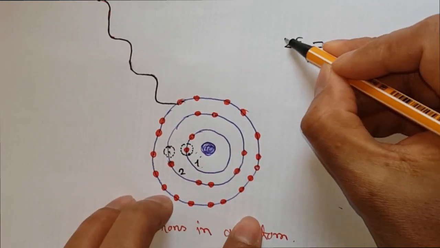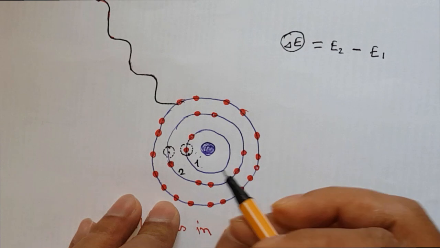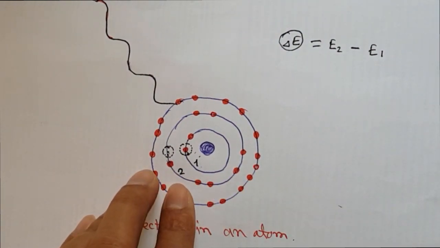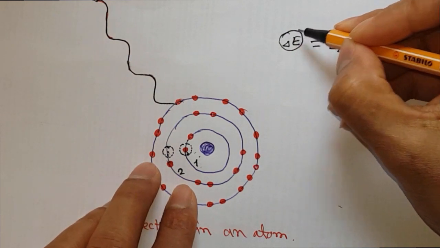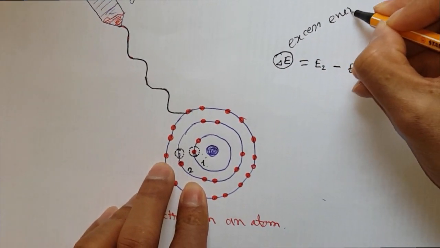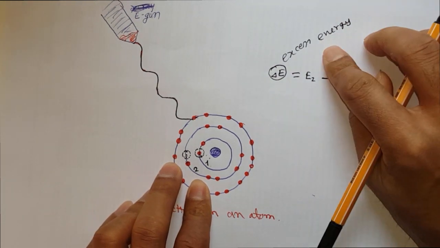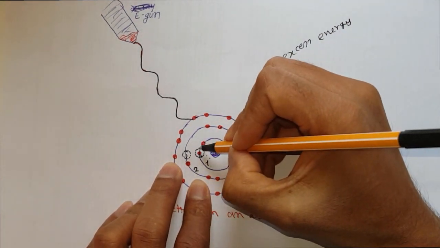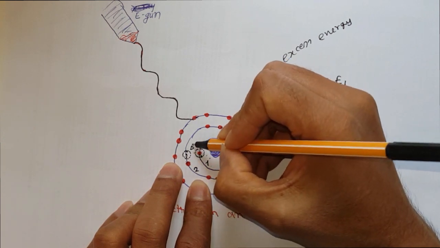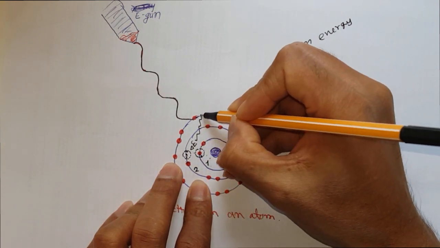So this much energy will be released when the electron jumps from the higher orbital to the lower orbital. This much energy is the excess energy that appears as X-ray.